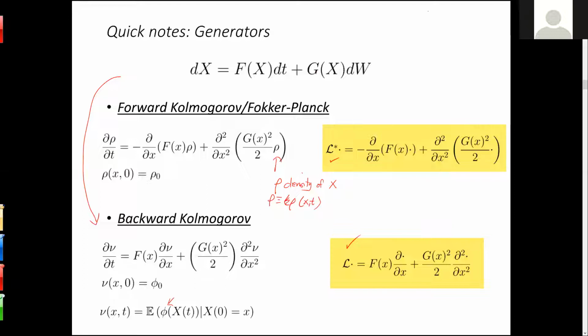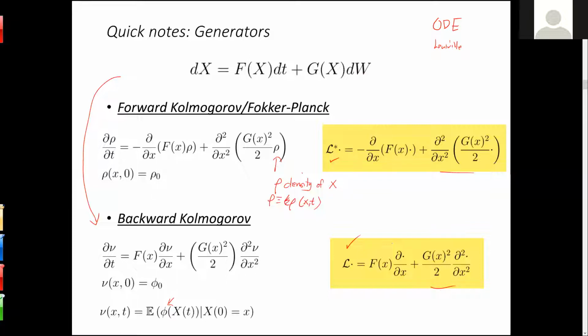I forgot to write the ODE, but when you're given an ODE, then it's not called forward and backward Kolmogorov. They're called the Liouville equation and then the backward equation, for ODE. It is the same with these operators. Just drop the second term, and you'll have the Liouville and the backward operators for ODEs.